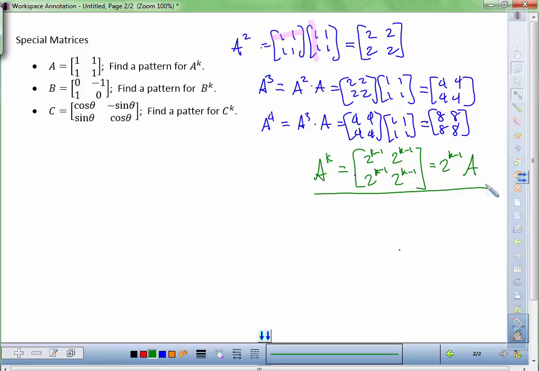So I think this is a good segue to talk about a formal proof of something like this. Seeing a pattern and then establishing a formula for the pattern isn't necessarily a proof. For those people that are going to do more math in the future, you have to familiarize yourself with different ways of proving things.